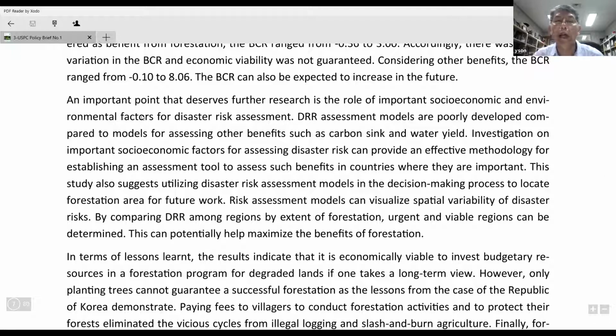So if you have more and more data on socio-economic aspect, the estimation result would be more accurate. Okay, that's what it says.